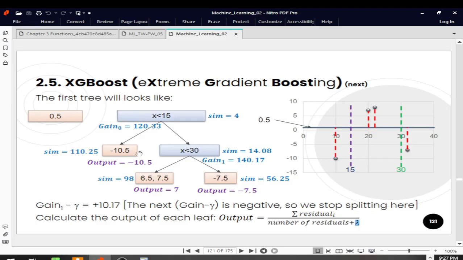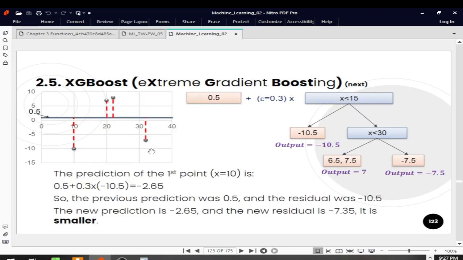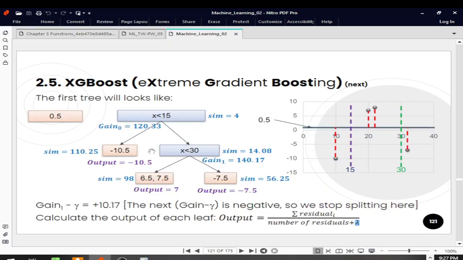This gave us the structure of the tree, and that tree at the end is going to be used for prediction. We started with a dummy prediction. Now this tree will give us the new prediction, and this is the rule for the prediction. Let's see, where is it exactly?